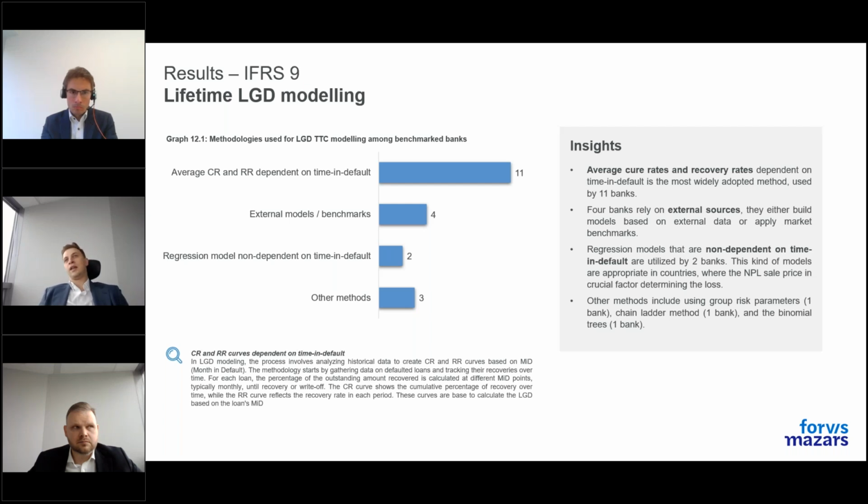And this is the crucial factor determining the loss in this case. 3 banks used other methods, which is again taking the parameters from the group. 1 bank used chain ladder method and 1 used binomial trees.